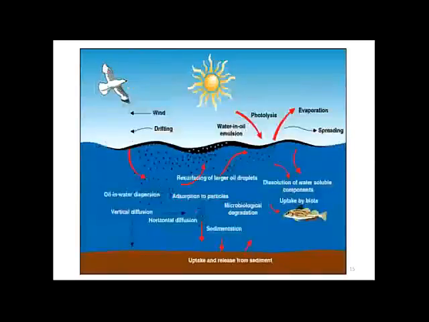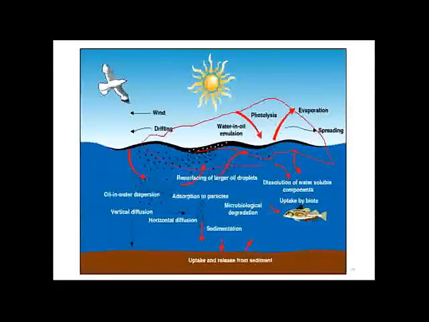Now this is the picture that we used during our discussions back last March about the fate of oil. And this is a very, very complex picture, and it talks about all the many things that can happen to oil once it gets in water. Primarily, that it floats on the surface of water, which you can see here's the slick up here floating on the surface of the water, okay?